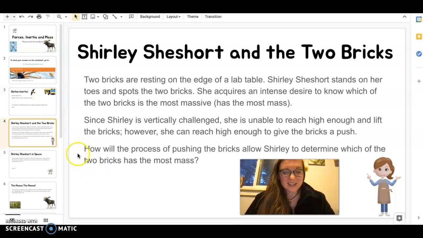Okay, both of those bricks are holding still right now, right? So the brick that is the easiest to move is going to have the least mass. Intuitively that makes sense, but the reason is that it's the amount of force that it takes to overcome inertia.